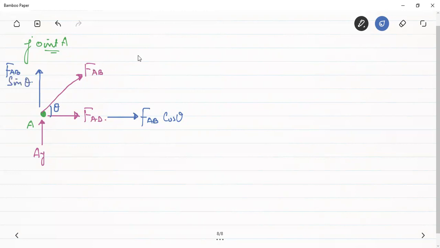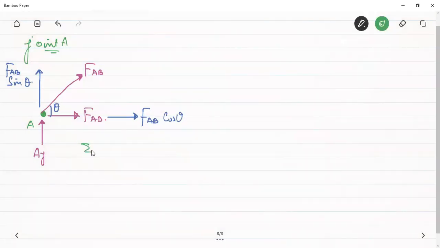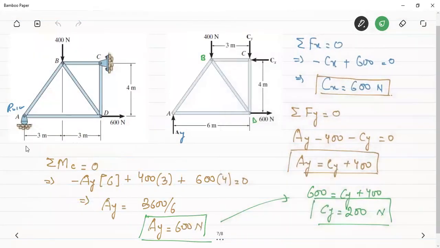So for joint A, if we apply the equations of equilibrium, summation of the forces in the y direction has to be 0. Fab sin theta, that is in the upward direction, plus AY is also in the upward direction, so this has to be 0. So from here we get Fab sin theta, and sin theta can be calculated from this figure. The dimensions are given here. If this is theta, sin theta will be 4 by 5.